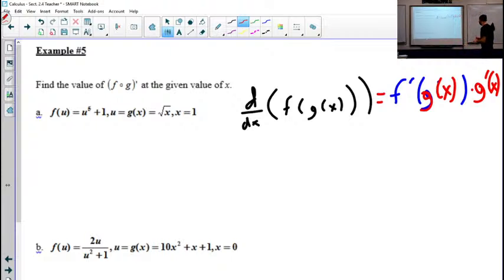All right. So let's work with that here. First off, let's find f prime and g prime. So f prime of u. So derivative of this function, u to the 5th plus 1.